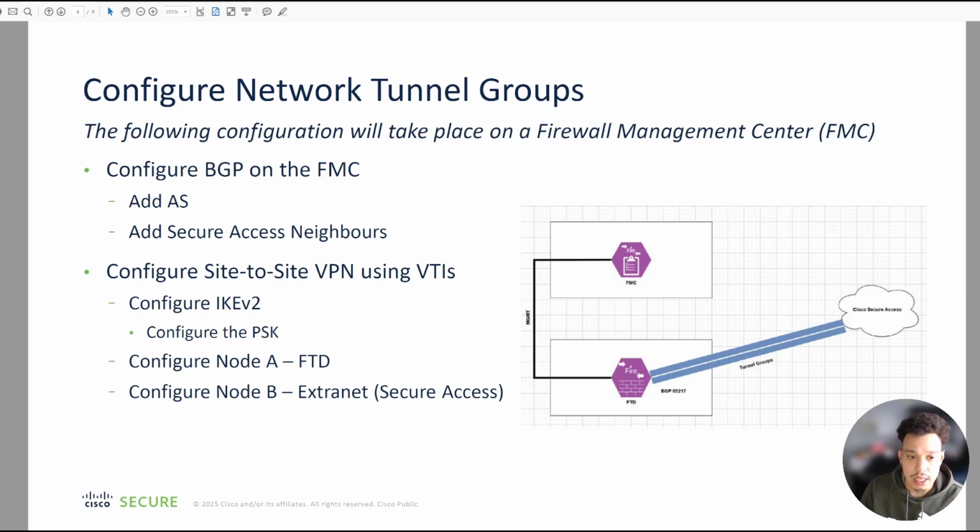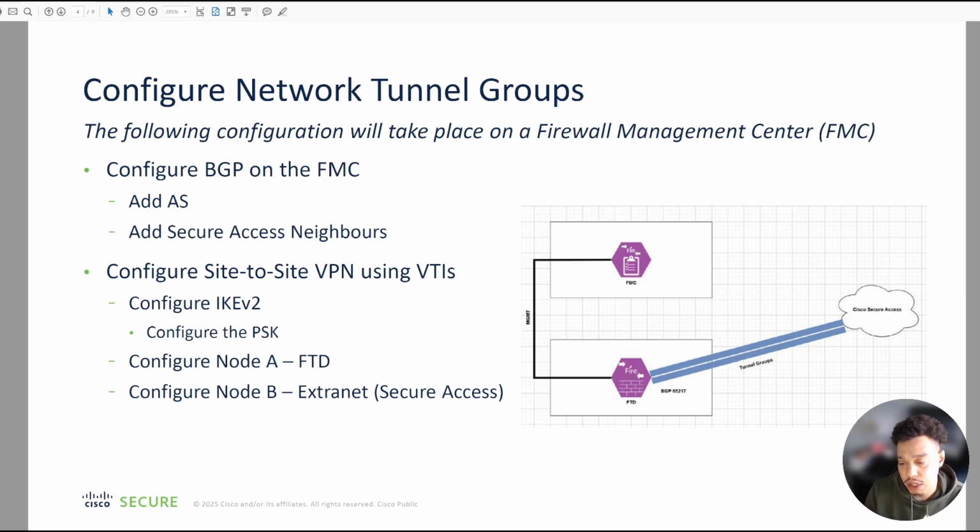So you can see here that the first steps are really to configure BGP on the FMC, and then we'll add the secure access IP addresses as neighbors, and then we'll configure our site-to-site VPN, and we're going to use virtual tunnel interfaces or VTIs to connect into secure access.